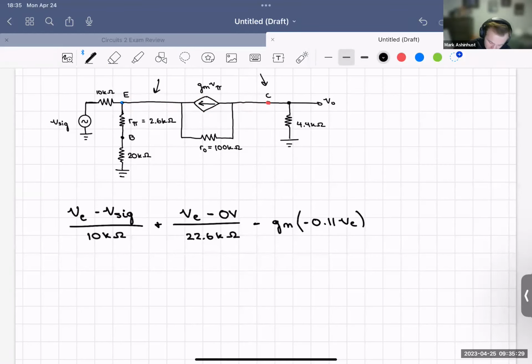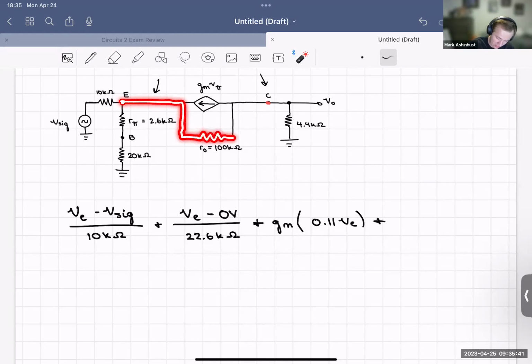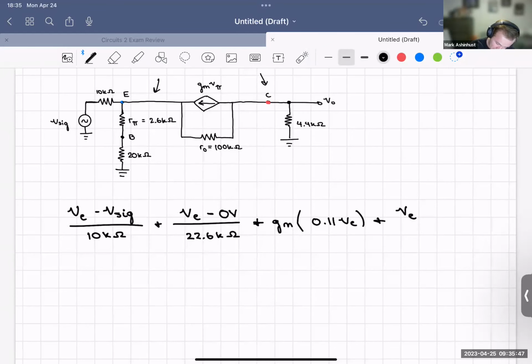So this will actually become positive gm and then 0.11 VE. And then we have our last current from E here over the 100K up to the collector. So we'll have our VE minus VC over 100 kilo ohms. And then all this is equal to 0 because now we've gotten all of them.